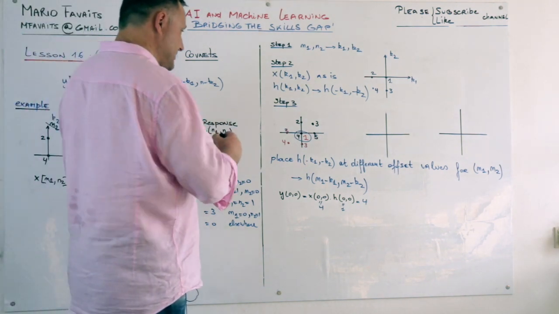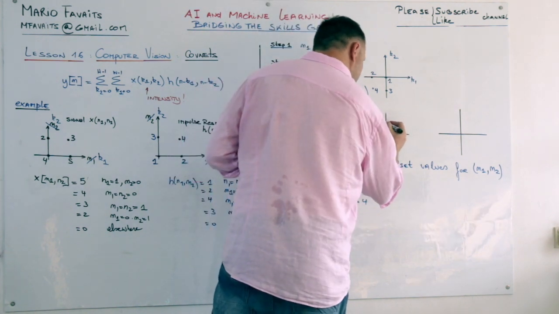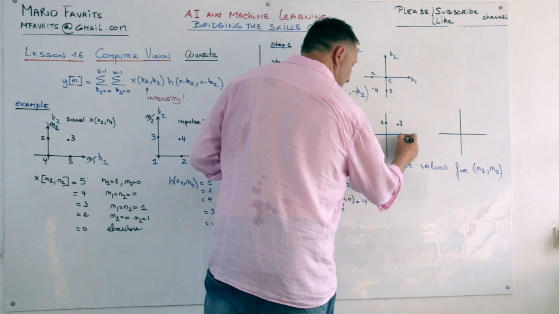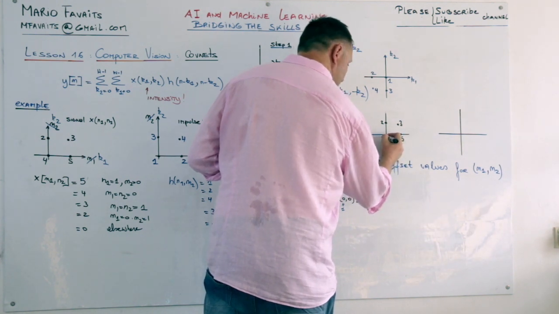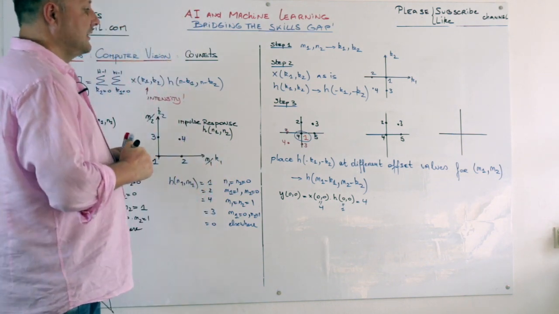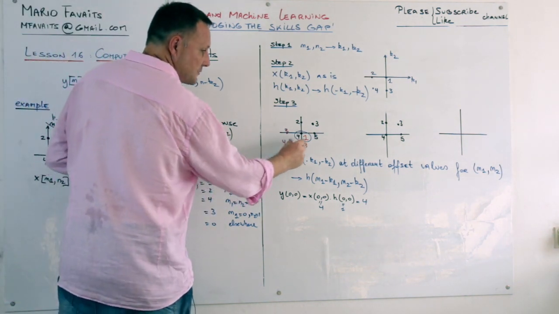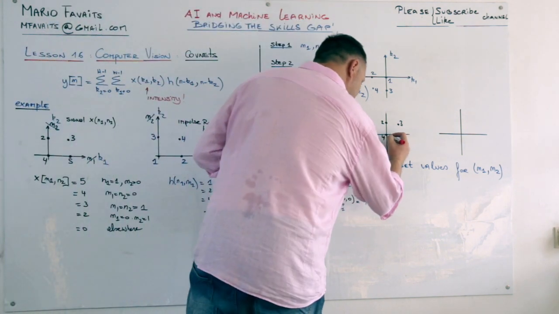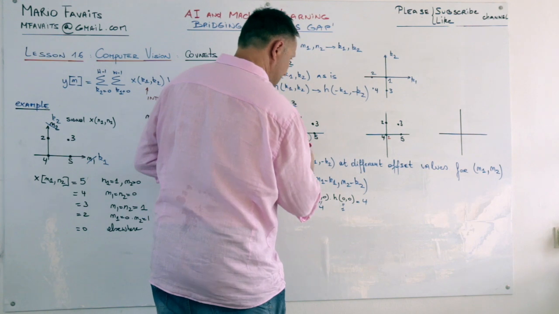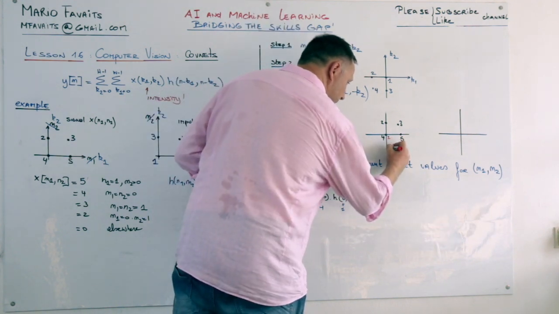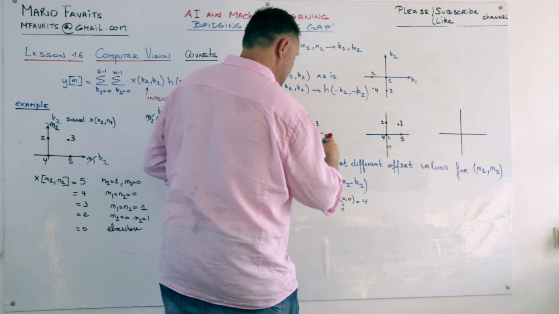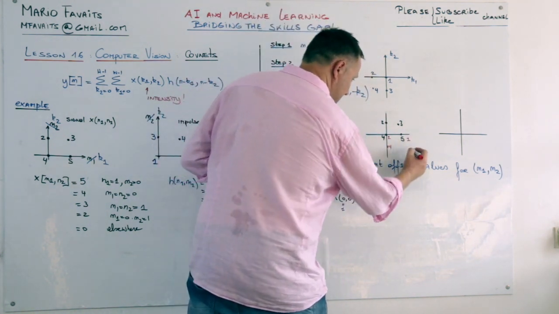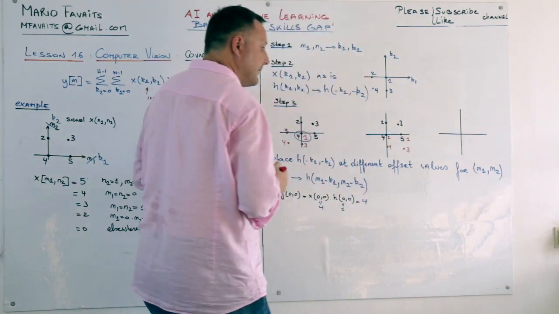The next situation is where we again have our signal x that we don't touch: 2, 3, 5, 4. And we move the red ones just 1 unit to the right. So this will now be 2, this will now be 4, this will now be 1, and this will be 3.